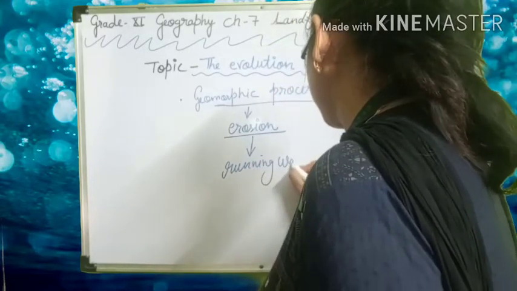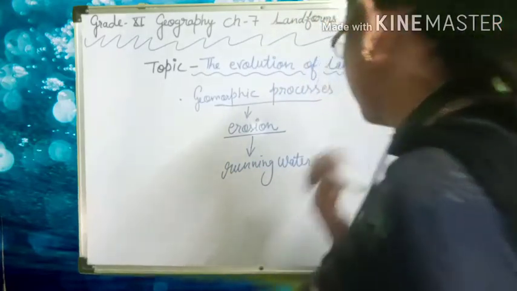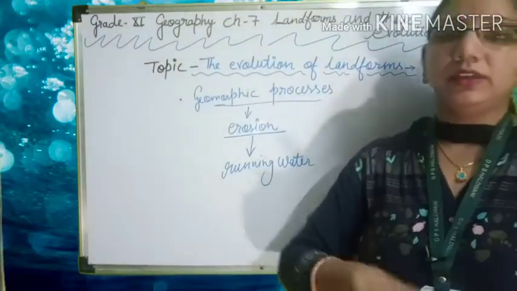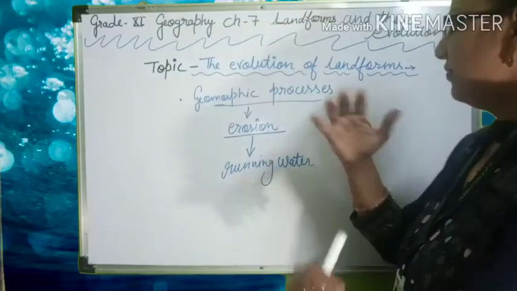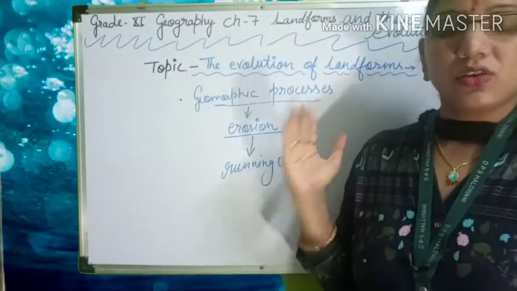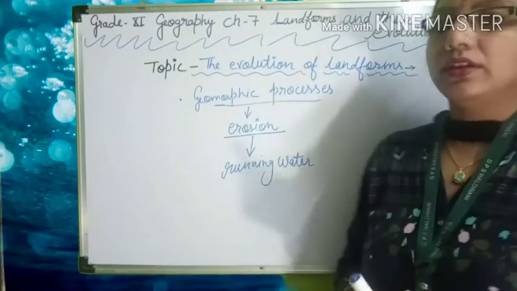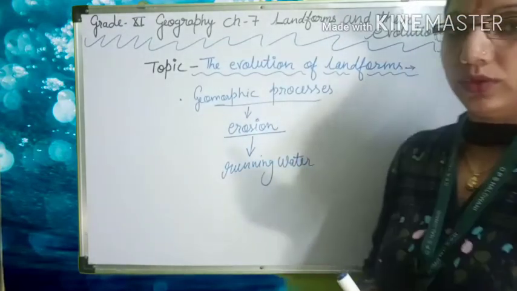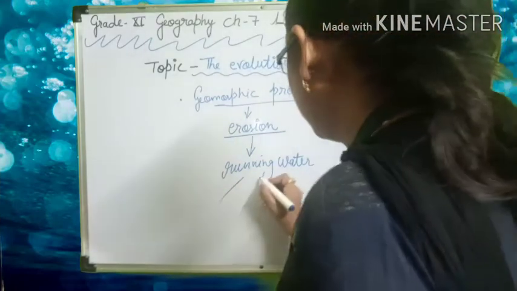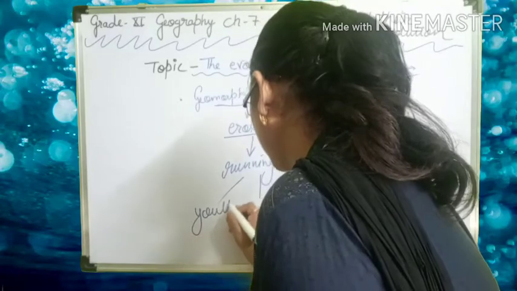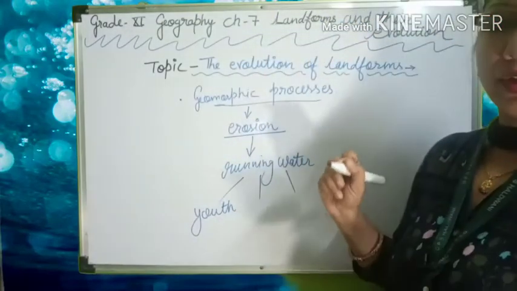running water. Okay, students, running water changes the landforms in three stages. These are youth, mature and old.